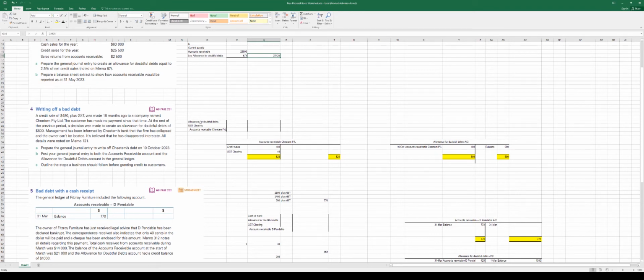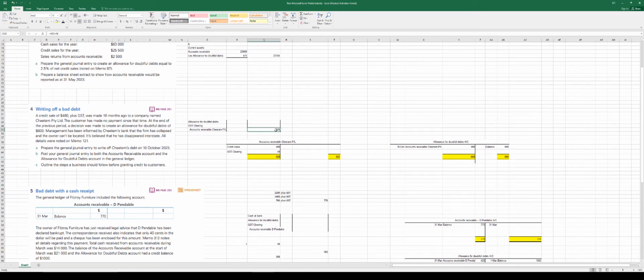All right. So again, you should know by now that in order to record actual bad debts, we credit the accounts receivable to close it off, and we debit allowance for doubtful debts and debit GST clearing. So 480 plus 48, which is the GST, would be 528.